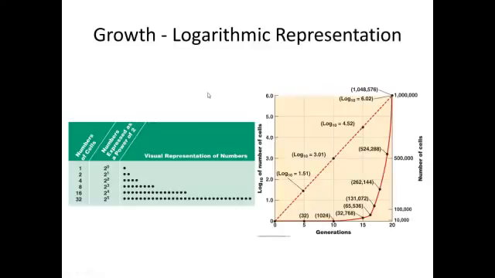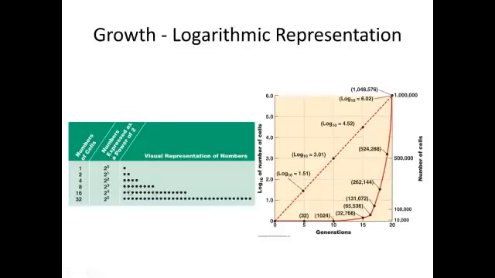Now, whether you're talking about binary fission or budding, when you have a microbe dividing, we're going to use the example of bacteria because it's easier. Whenever you have a bacterium dividing, you get 2. And then those 2 divide, and you get 4. And then those 4 divide, and you get 8. That's what we're showing here. You start out with 1, you get 2, and from those 2 you get 4.